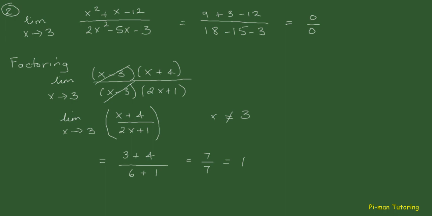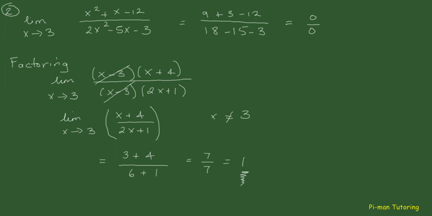So even though the function is not defined at 3, there is actually a hole at 3 if we drew this function on Desmos. All we're saying here is that as we get infinitesimally close to the value of 3, the value of the function is getting closer and closer to the value of 1, even though the function is not defined at that point.